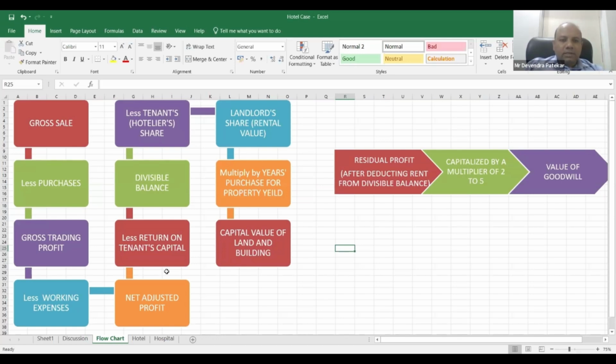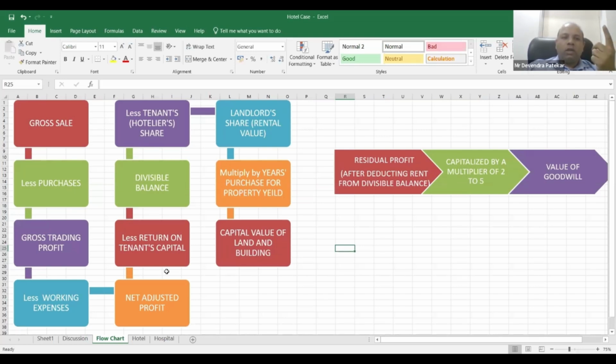Why is this divisible balance actually a residual profit? This divisible balance can also be termed as a residual profit, the last number which the hotelier will have in his hand. However, that number has two components, because of two things.